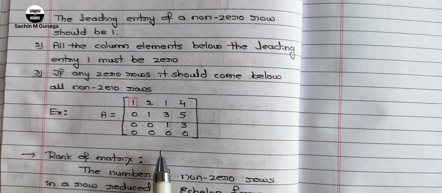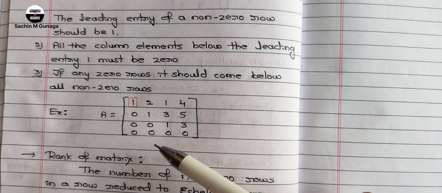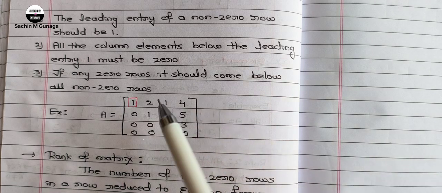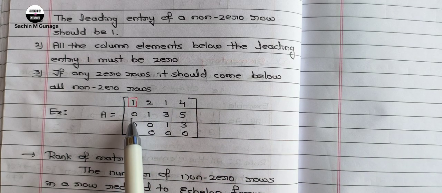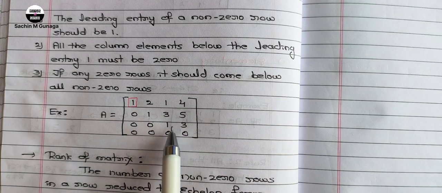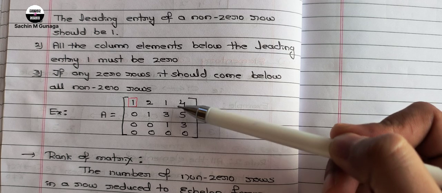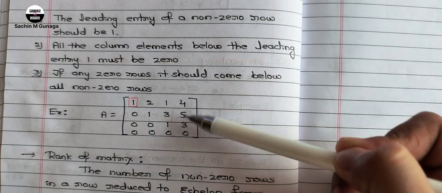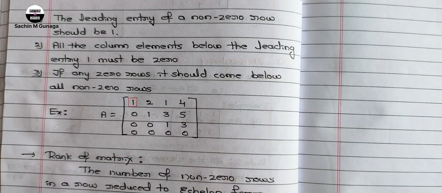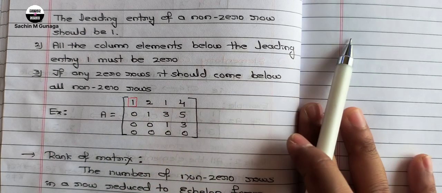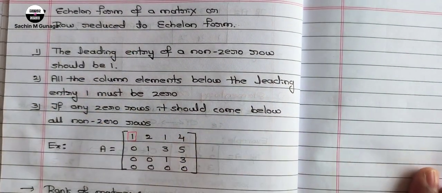It means if any 0 rows are available, they should come below all non-zero rows. This is a non-zero row, this is also a non-zero row, and this is also a non-zero row, but here the 0 row comes below these non-zero rows, that is point number 3. Therefore, this matrix is already in which form? Echelon form.